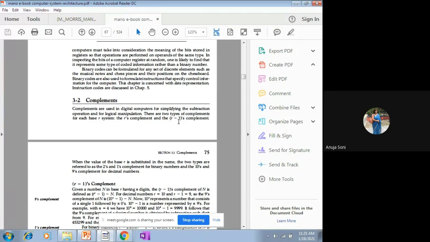The full adder facilitated the addition of 3 bits. But when we study the binary adder in the 4th chapter, it will facilitate adding two binary numbers of any number of digits. It may be 4 digits, it may be 8 digits, and so on, right?